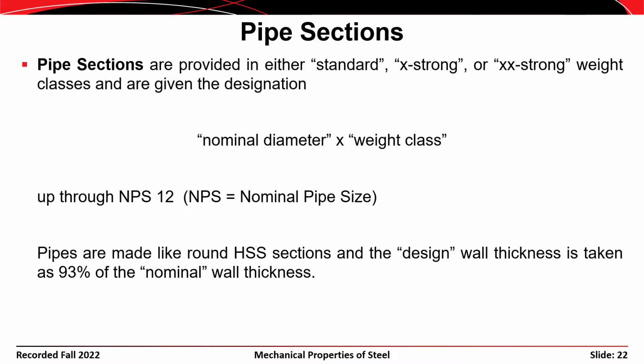NPS stands for nominal pipe size, and pipes, just like HSSs, are rolled with wall thicknesses that are actually 93% of the nominal. So pipes and tubes, you can find some of them that have the same dimensions. You might find an HSS 12 by something that has the same diameter as a pipe that has the same thickness.